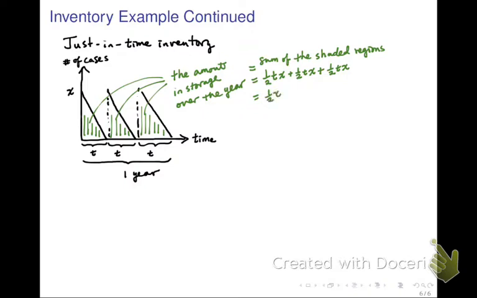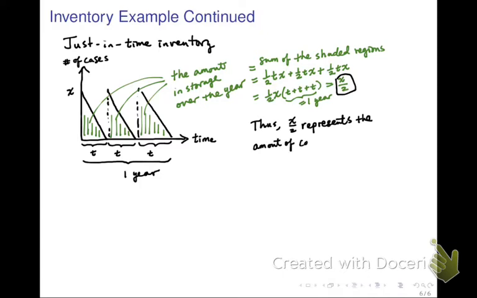So if you factor out 1/2 x from all of these terms, we're left with the sum of these t's. But because this is over the entire year, we know that the sum of those little t's should add up to 1. Therefore, we get the expression 1/2 x times 1, which is half x. That explains why, at any given time, the number of cases that we have should be x over 2 during the year.